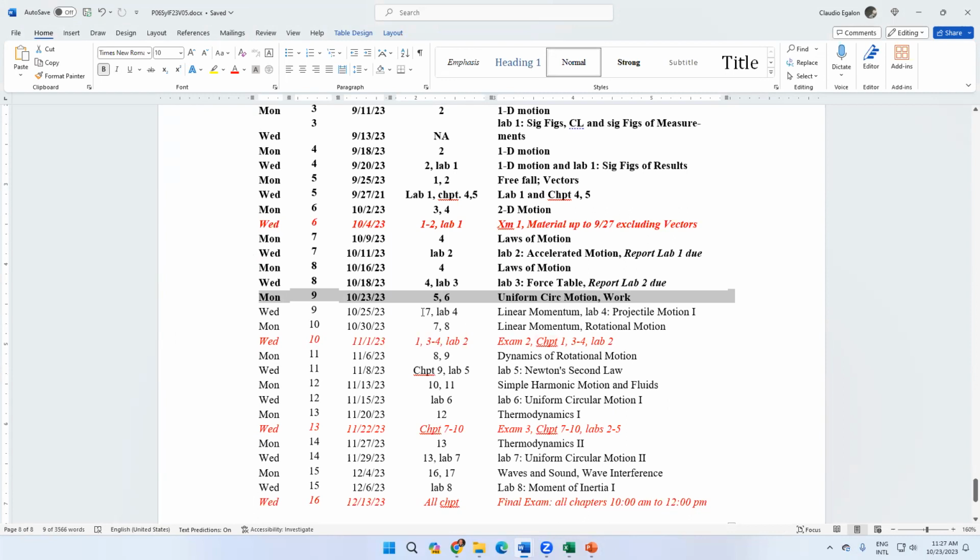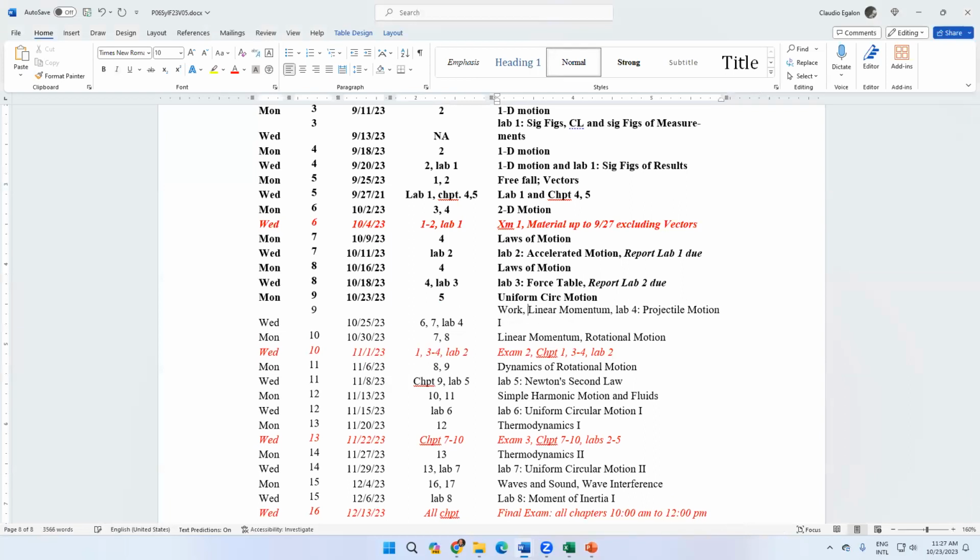Work will have to be later on, chapters 6 and 7. We won't be able to do linear momentum next time.